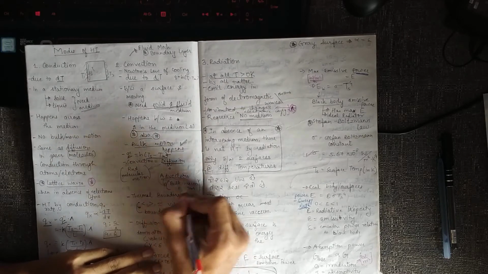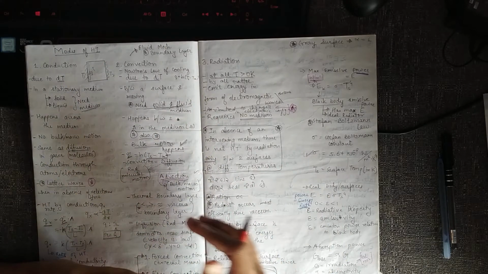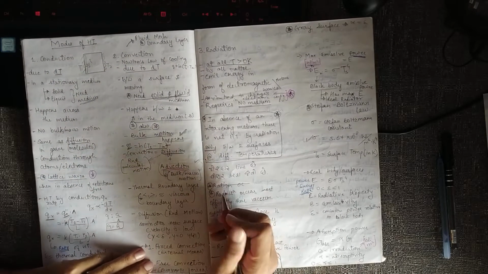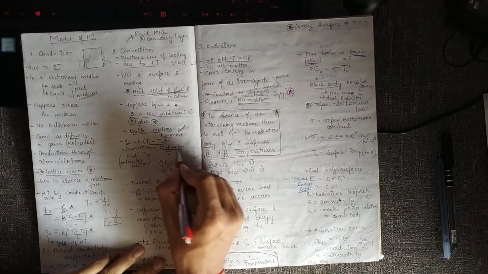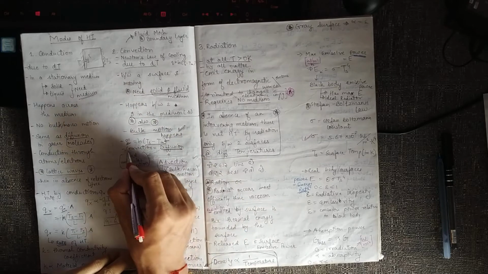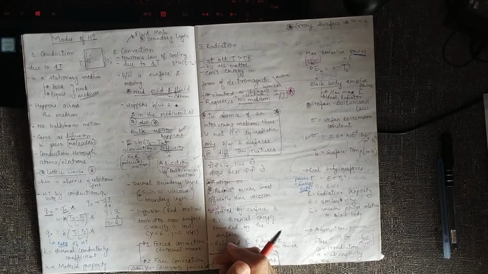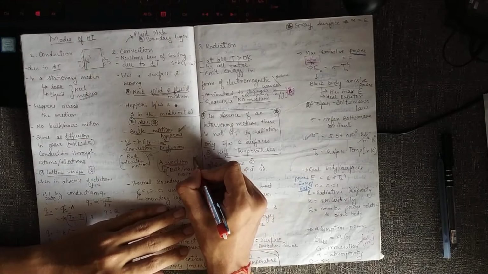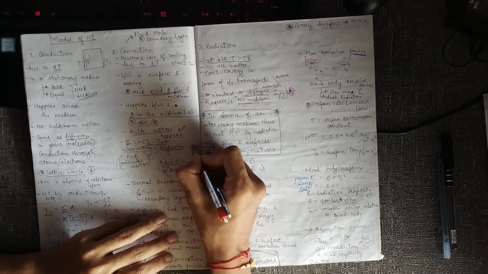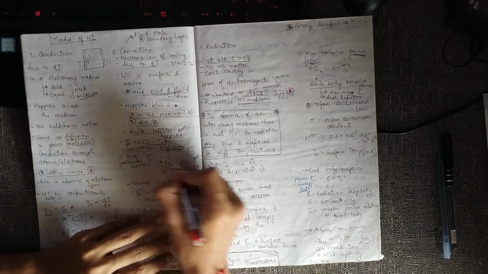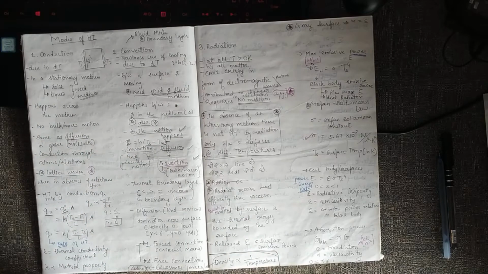Along with it we have advection, which means bulk motion of fluid and the energy transfer due to that bulk motion. Because of this, whenever we want to study convection, we should study the velocity part, or the movement part, along with the temperature changes. So for studying the temperature changes, we require the study of velocities also.